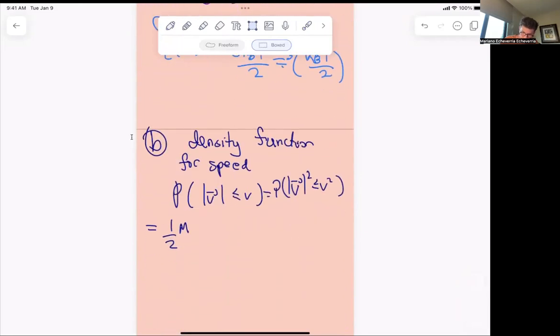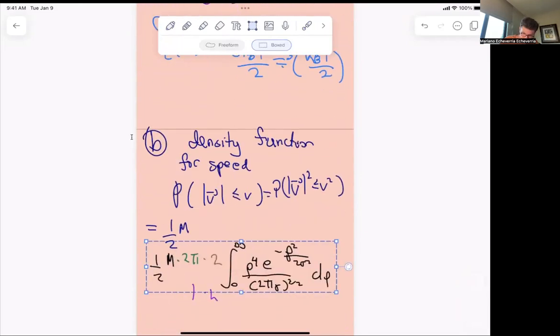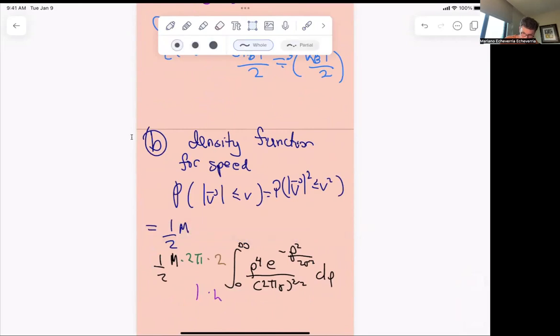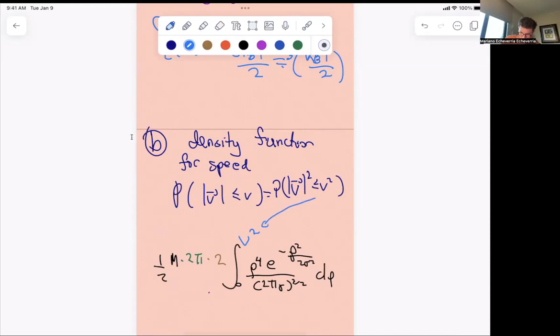Let me write it here. The only difference is that this integral will go from 0 to v squared.